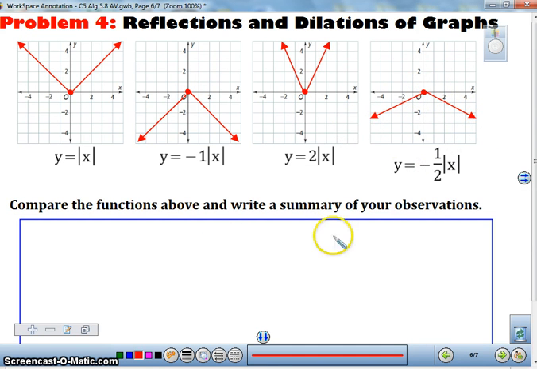So let's compare these ones, and we want to write a summary of our observations. So this is going to take me a little while as I'm writing it out. So as you go through it, you might need to pause it after I write it.